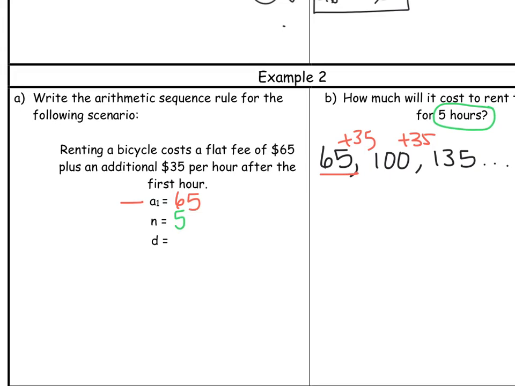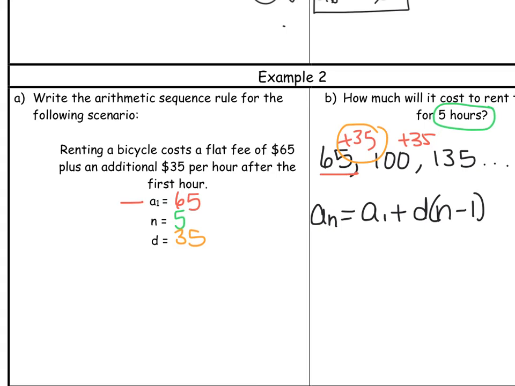Then we need to find the common difference. And the common difference is, what do we add to the first term to get to the next? And that common difference is 35. So going back to our formula, it's a sub n is the first term plus the common difference times the number term you're looking for minus 1.